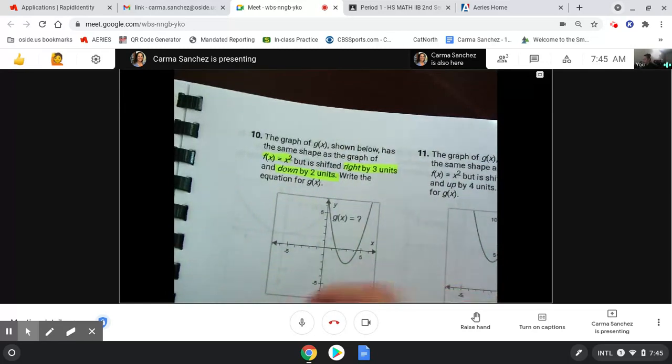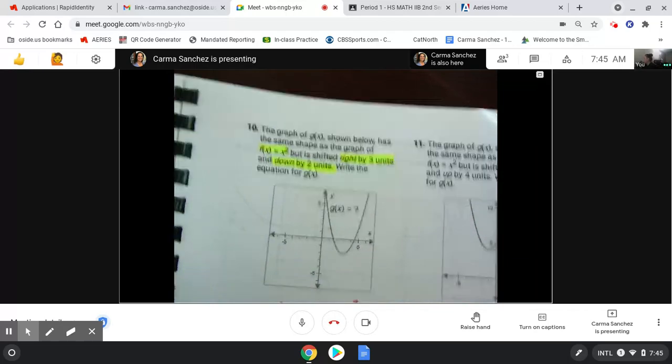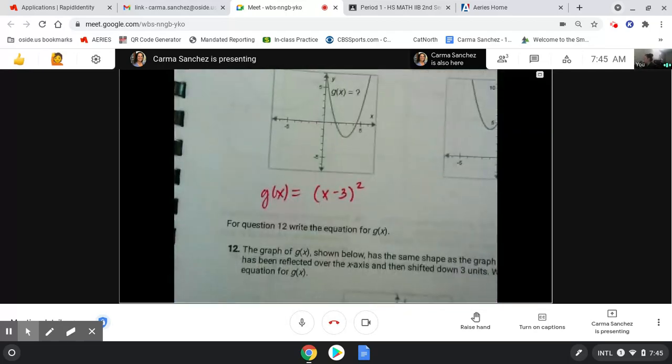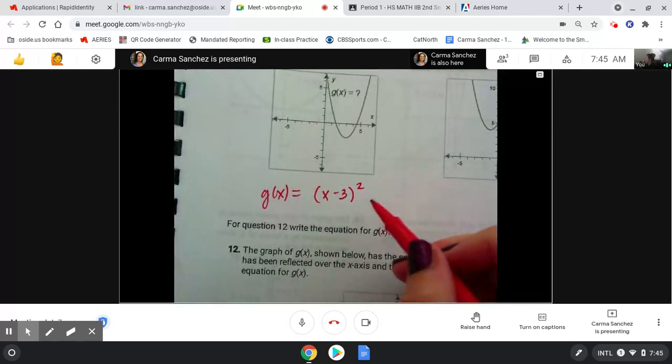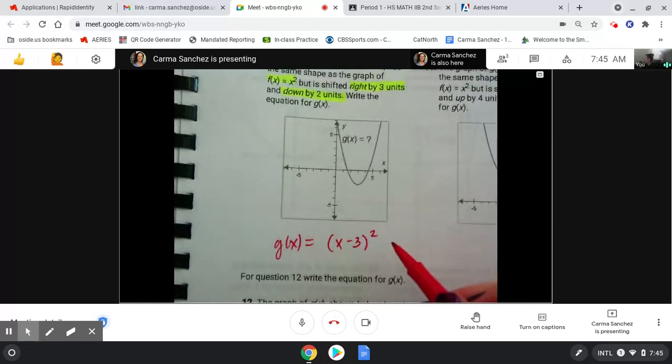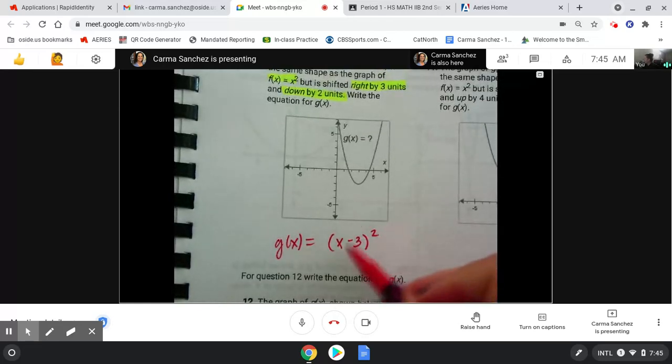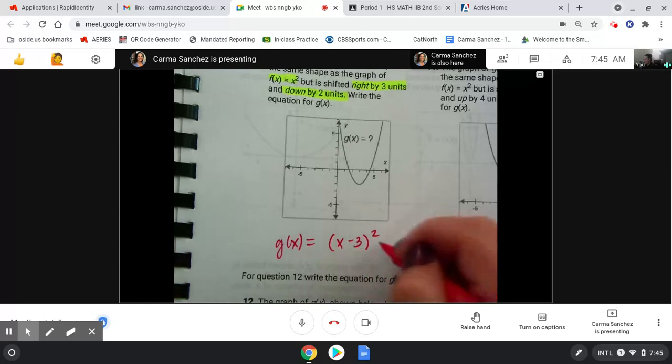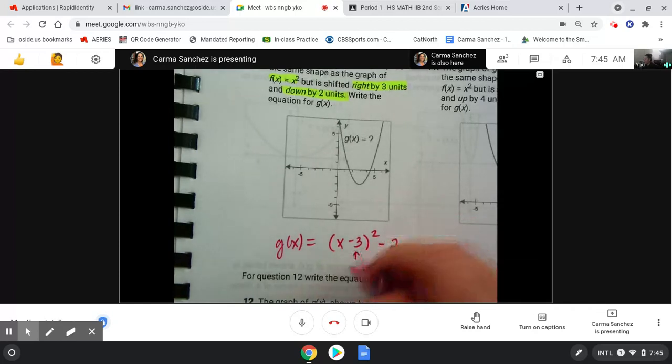So g of x is equal to, we've got right by 3, so inside the parentheses is going to be an x minus 3. Remember that the sign change happens inside the parentheses, and then down by 2 units. Notice the 2 shifts. Here's right 3, and here's down 2.